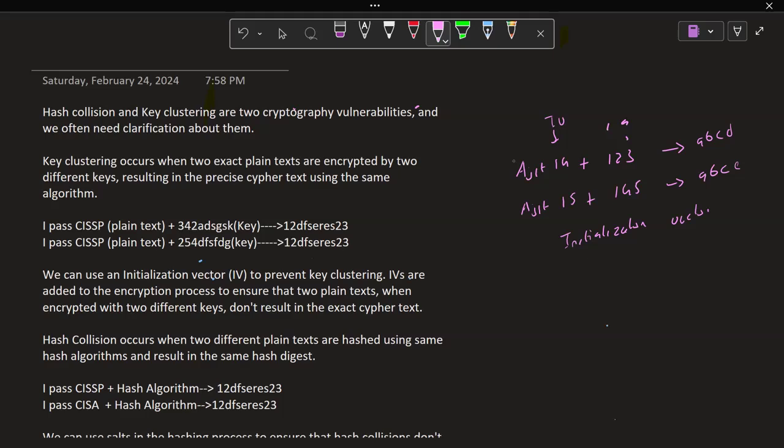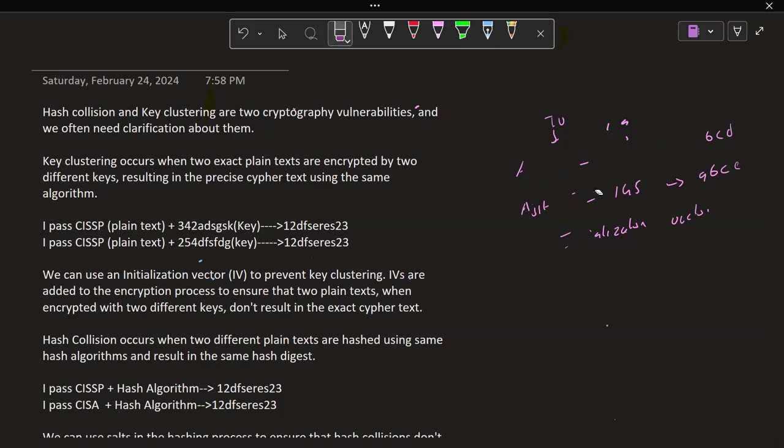This is what we call key clustering. Key clustering is not a desirable situation. Again, when you encrypt two same plain texts with two different keys, if it results in the same ciphertext, this condition is called key clustering. To avoid this situation, you can use IVs. IVs are random numbers added to the encryption process to make it more random.